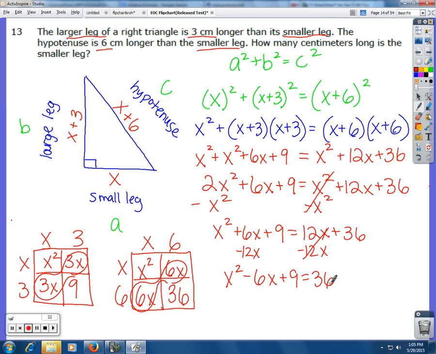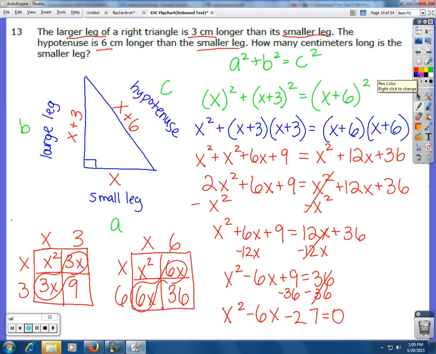And finally I'm going to move my 36. Now I finally have everything on the left hand side. So now I can factor.